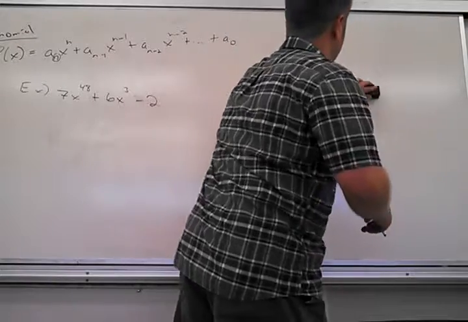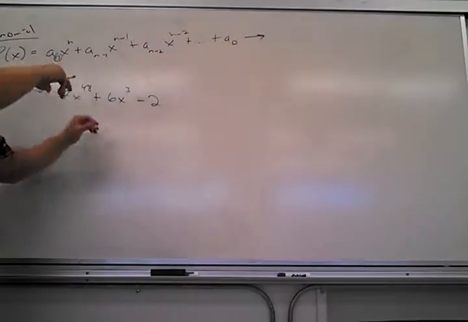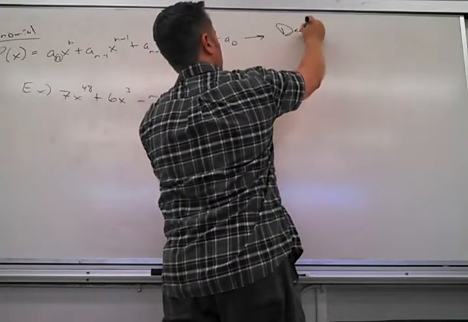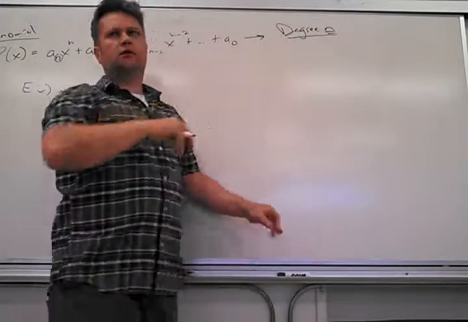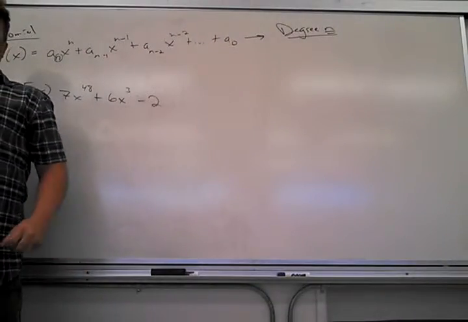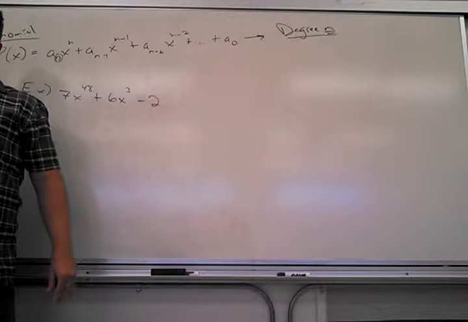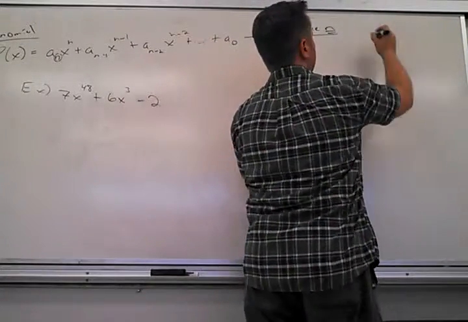I think I've already said this. So if I have a polynomial, this polynomial is degree what? Yeah, degree n. So how many zeros could it have?